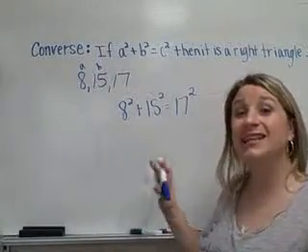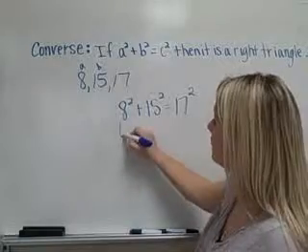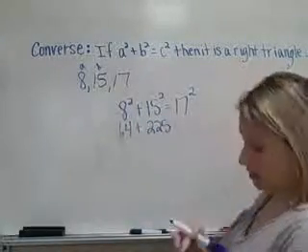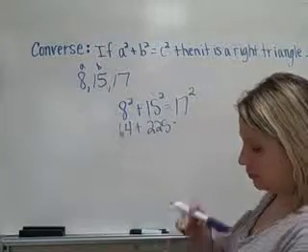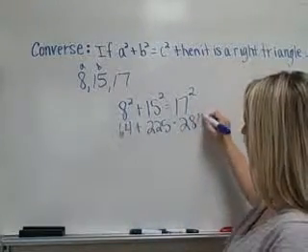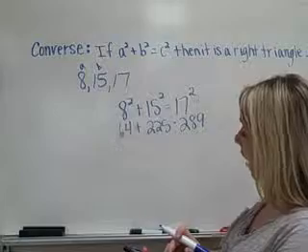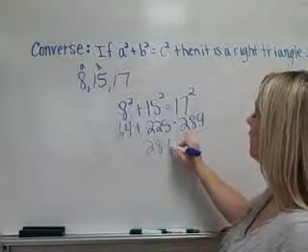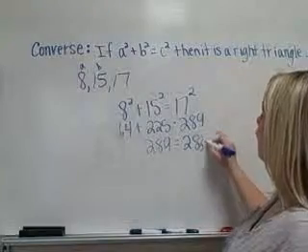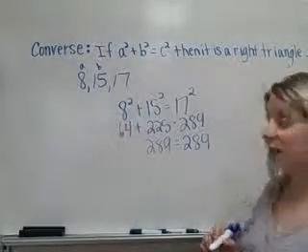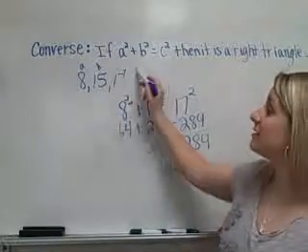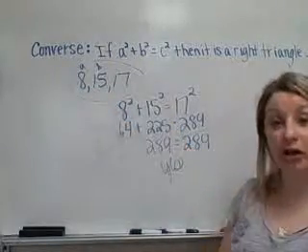If this is true, then it is a right triangle. This is 64. This is 225. When you add 225 plus 64, you get 289. 289 does equal 289, which means that yes, this would make a right triangle.